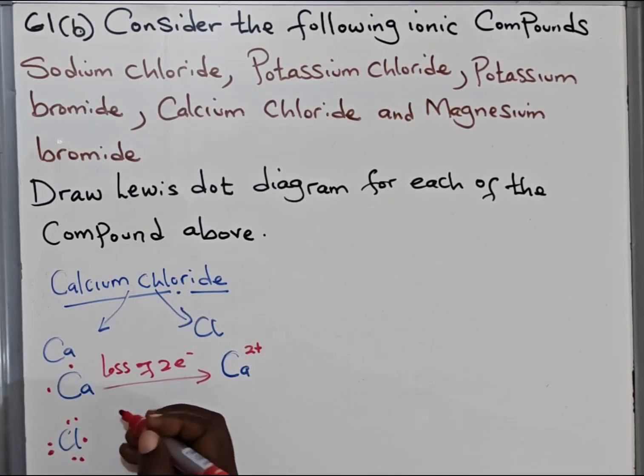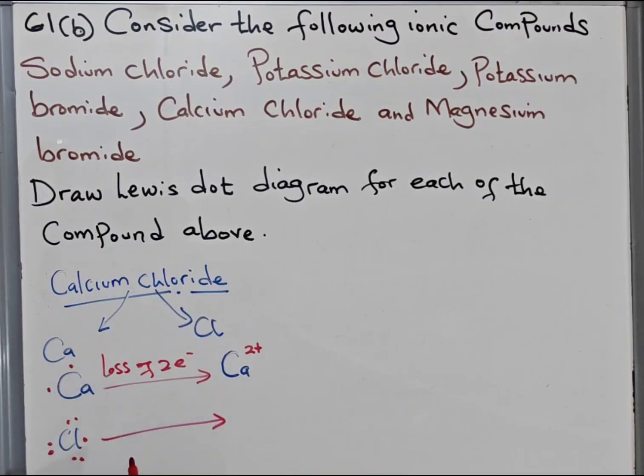Okay, the best option here to attain stability is to gain an extra electron so that it can have an octet shell. So you say gaining an electron. In gaining an electron, this is what we are going to have.